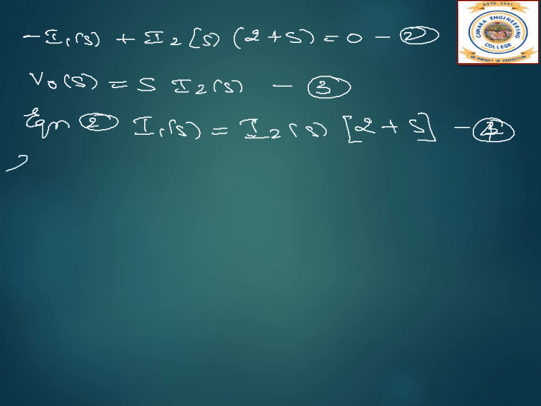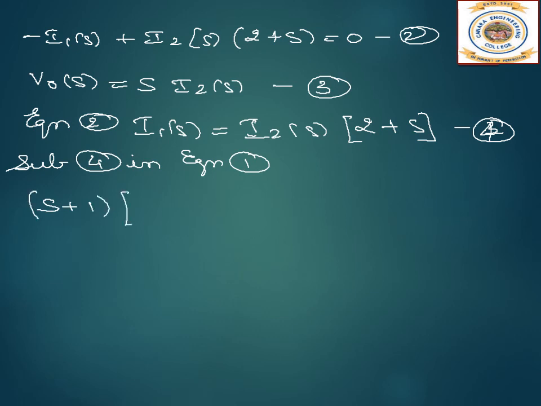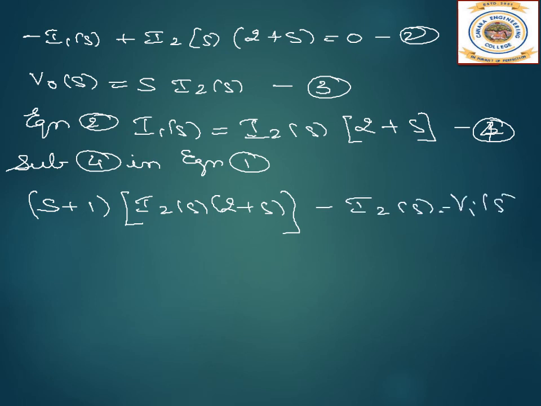Substituting 4 in equation 1, we have S plus 1 into I1 of S. Wherever we have I1 of S, I will substitute it as I2 of S into 2 plus S, minus I2 of S equal to Vi of S. This is our equation 1.